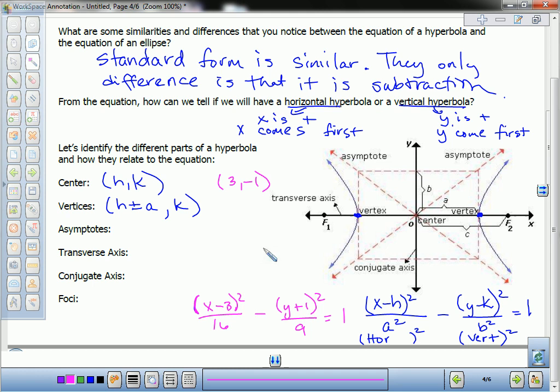Because the x is positive, the x comes first, we know it opens horizontally. So we would find this horizontal move. How far would I move left and right from the center to find those vertices? 4. So I'd go left 4, which would be (-1, -1). I would go right 4, which would be (7, -1). Those are my vertices.